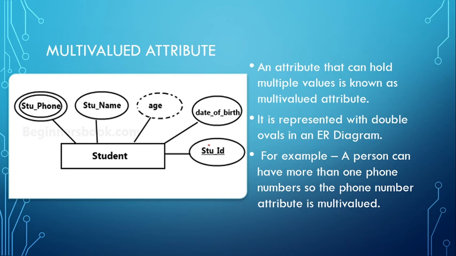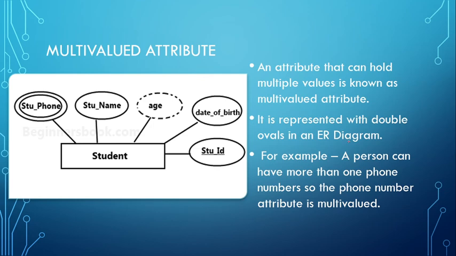Address also can have two, permanent address and temporary address. Phone number, contact number also we can have two. So these things have multiple values. The same attribute, phone number, but it has multiple values.